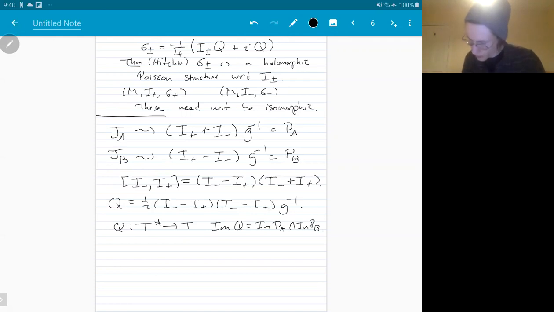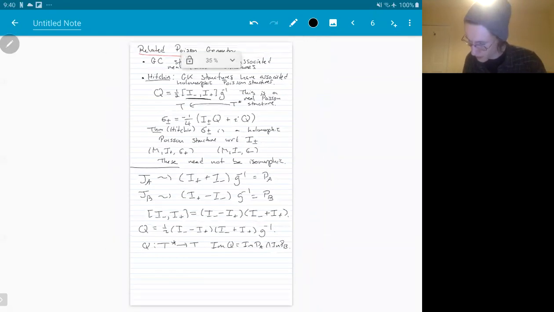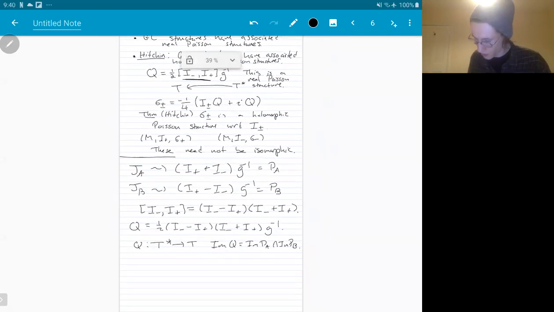By the way, this is true even when, I just said we restrict to the case where P_A is invertible, I mean, this is true even when P_A is not invertible. So the image of Q is the intersection.